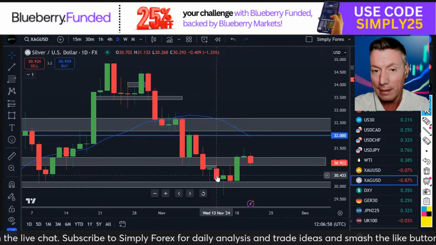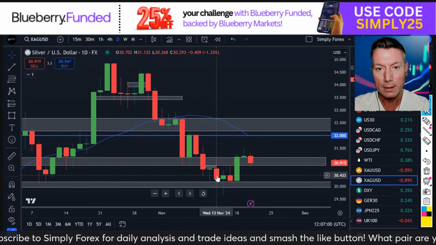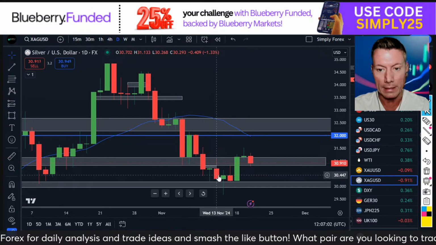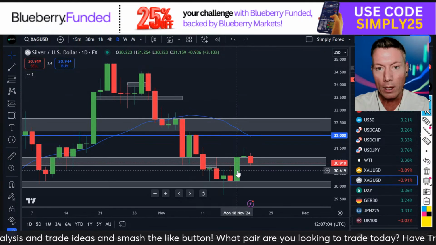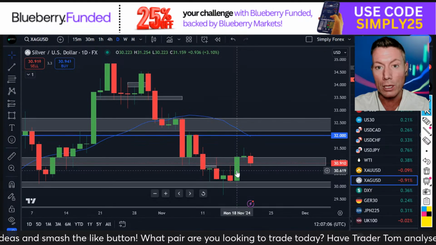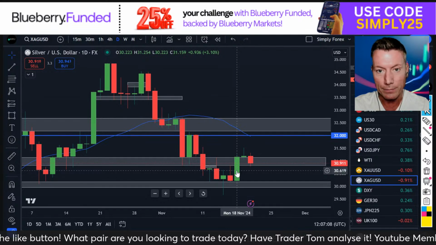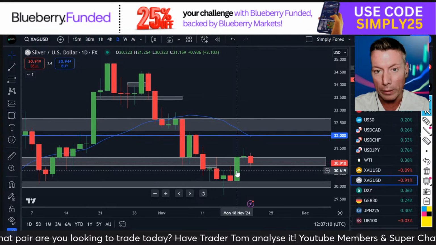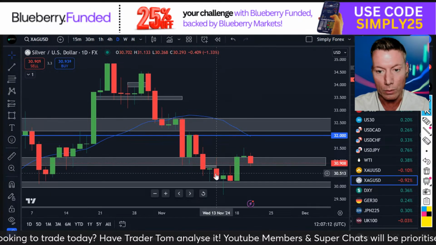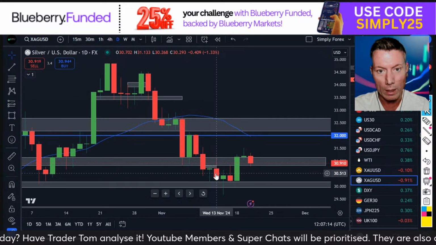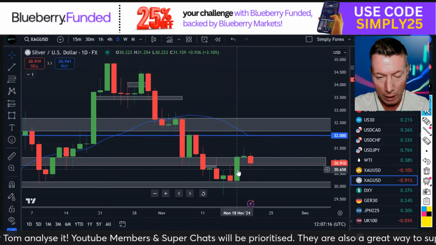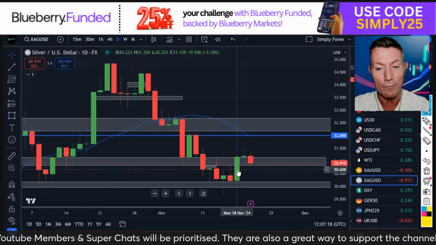So I need to break the high of that candle. Look at those numbers at the top. Then if I go to this candle, I'm interested in the close of the body, and that was 31.159. So the high was 31.13 and the close of this body was 31.15.